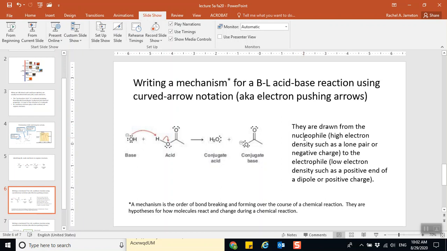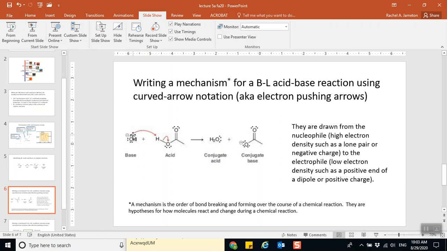We'll talk about nucleophiles and electrophiles soon. You can ignore those terms for now, but maybe tuck them away. We'll come back to them in a little bit. We have this lone pair, it's electron rich, and that is where the arrow should start. And you can't have your arrow above it or below it or just kind of in the general area. It really has to start at that electron-rich site.